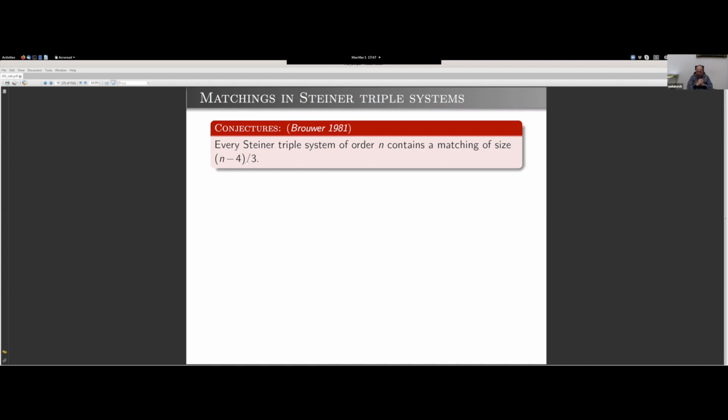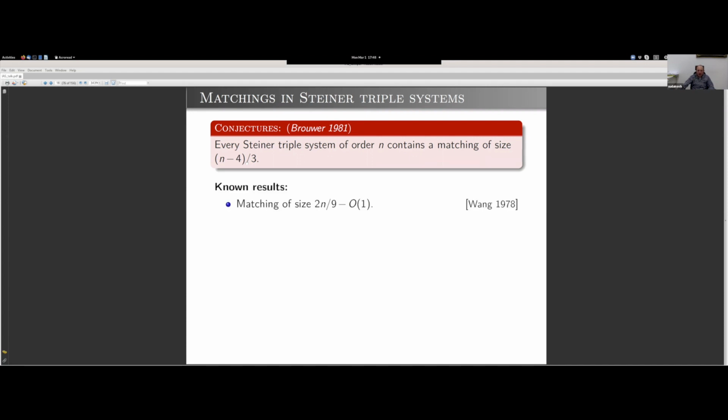So Ryser's conjecture says that this particular hypergraph, which I just defined, has a perfect matching if n is odd, and has a matching of size n minus 1 if n is even. Okay. So again, the Brouwer conjecture is very much open. And again, people tried to obtain partial results towards this conjecture over the years.